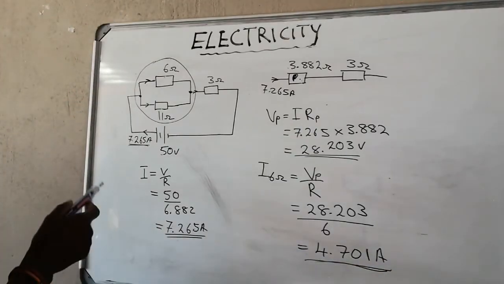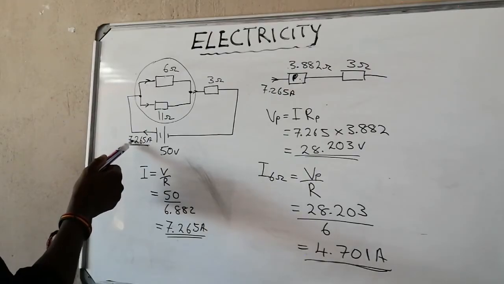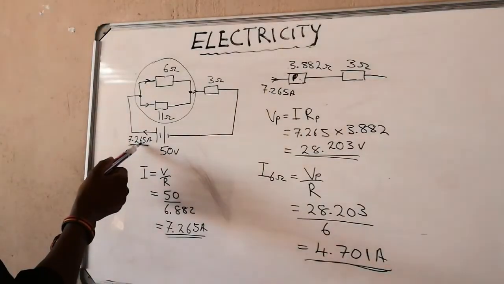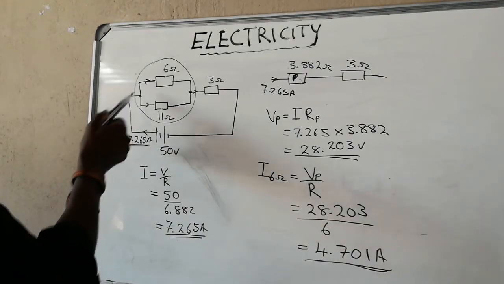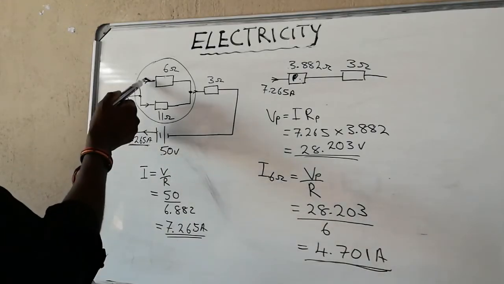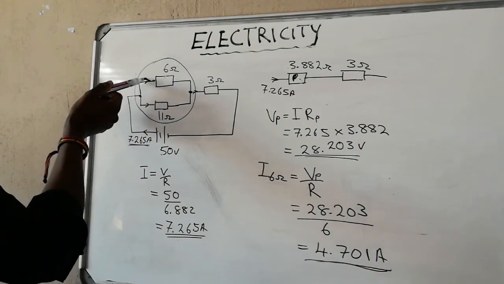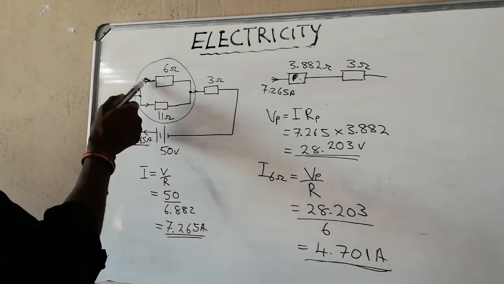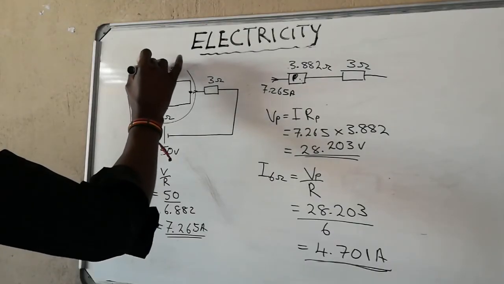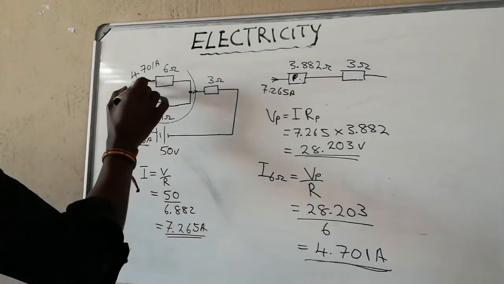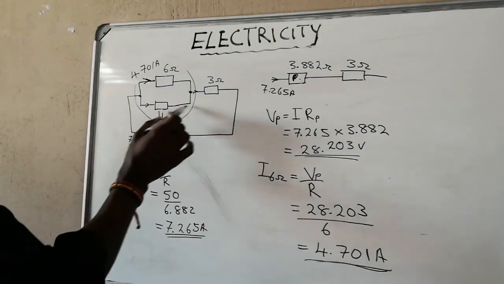Okay, so 7.265 is moving from our battery. It reaches here. Out of this 7.265, 4.701 amps goes this side. The remaining goes the other side.